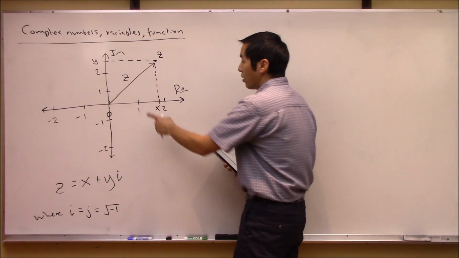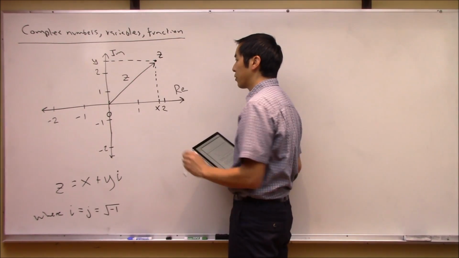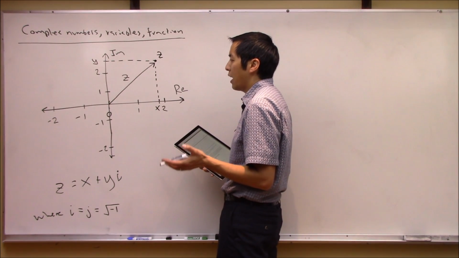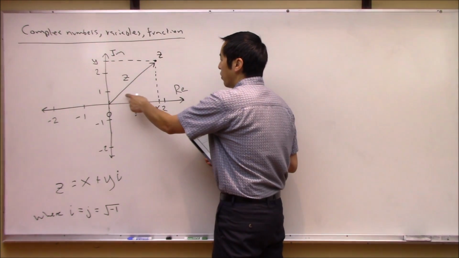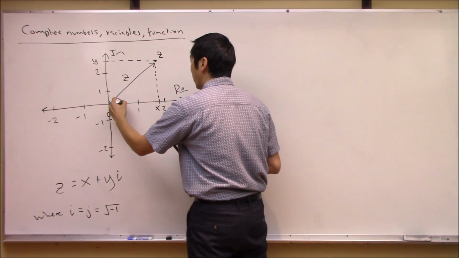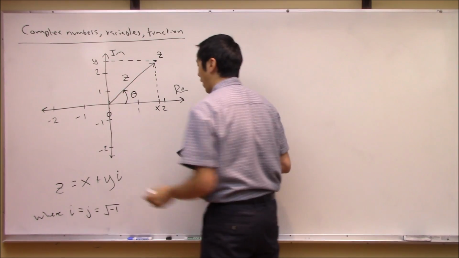All right, so let's come back here to our vector representation of this complex number z. Since we've drawn it here as a vector, we can make some observations, like what's the magnitude of this vector and what's the angle that this vector makes from the real axis. Maybe let's call this angle theta.